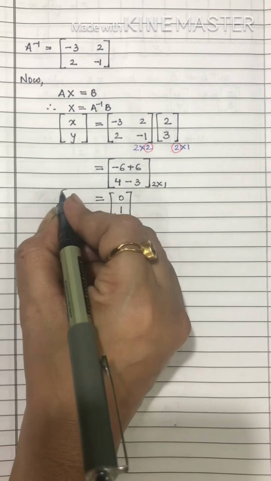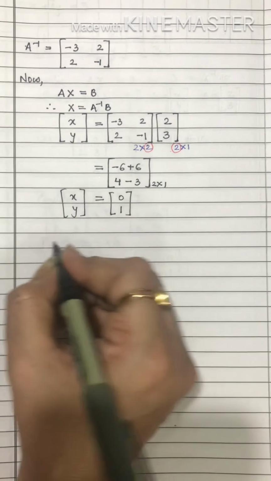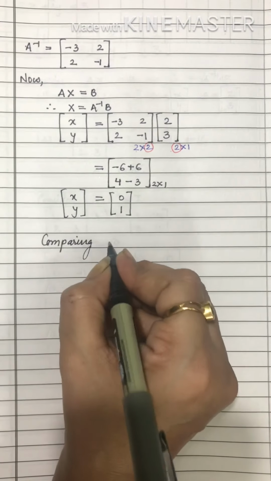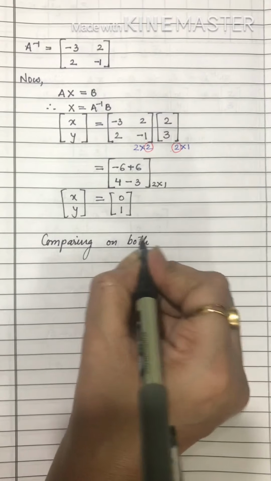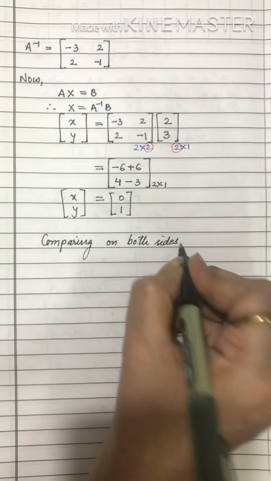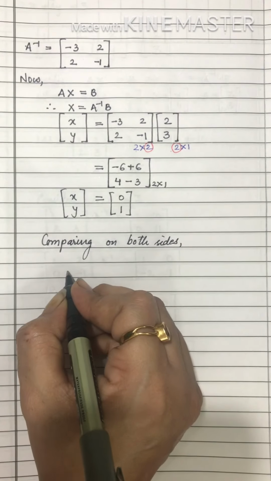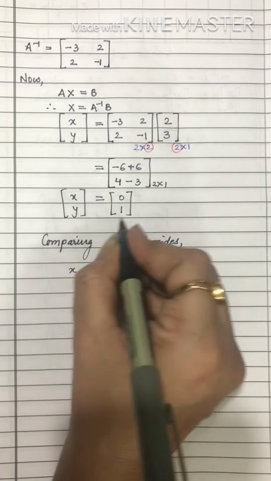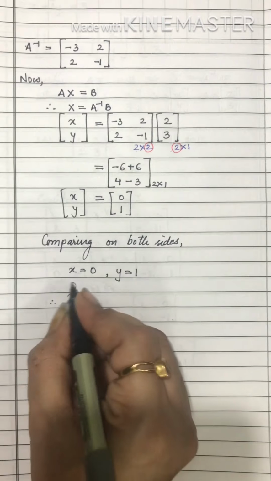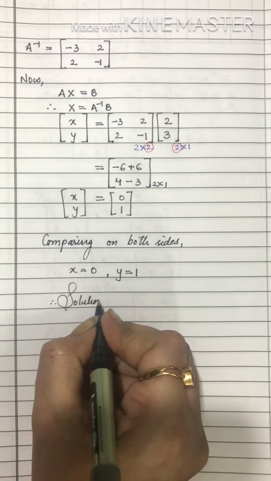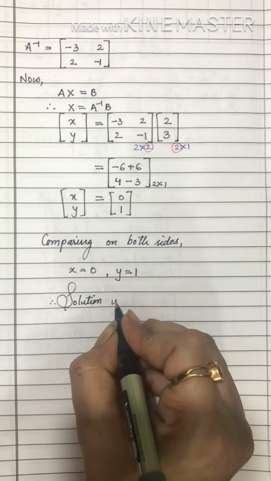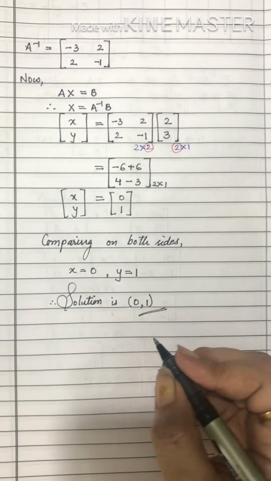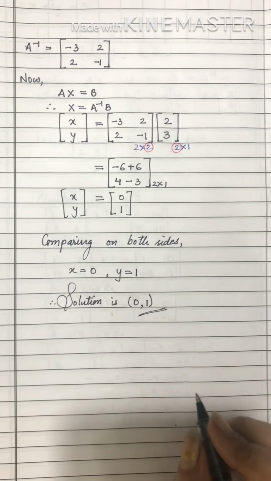This is for x and y. So when you compare on both sides, we will get the value of x as 0 and the value of y as 1. So you can just write down, therefore the solution is 0, 1. Okay, this is how we solve the given simultaneous equations by using the inversion method.